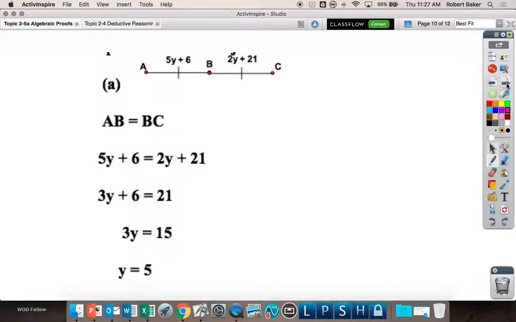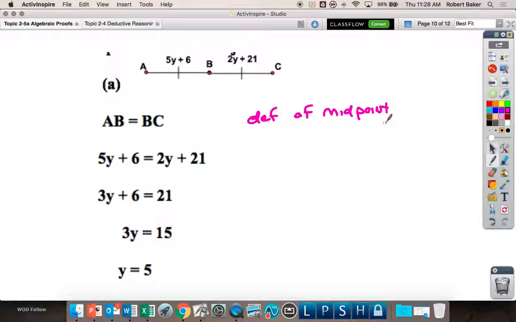Why is this piece equal to this piece? Because the definition of a midpoint says that it is.